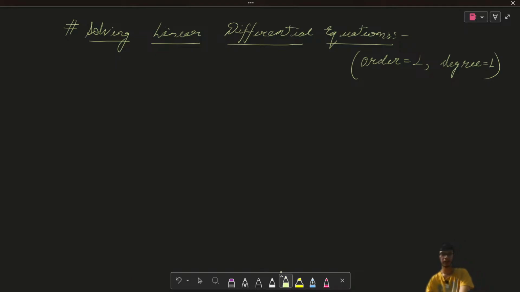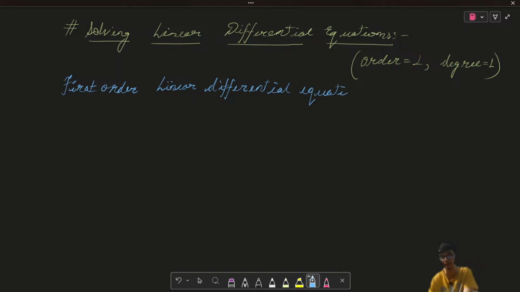First of all, let us look into how a first order linear differential equation looks like, and why we use the word linear for such a differential equation. We'll try to understand that in detail.